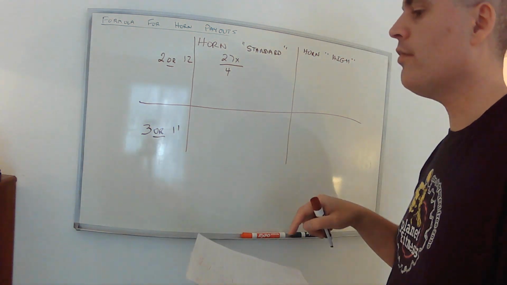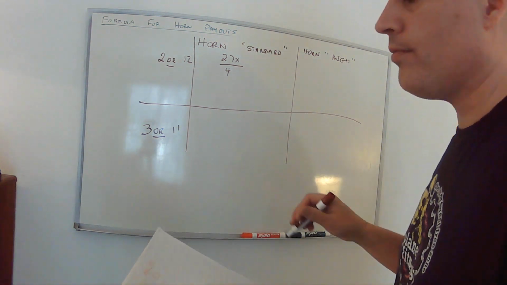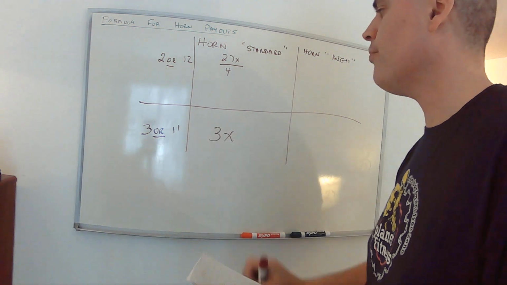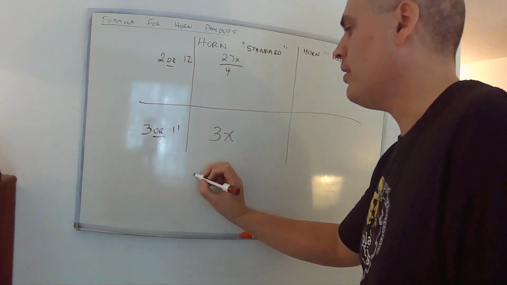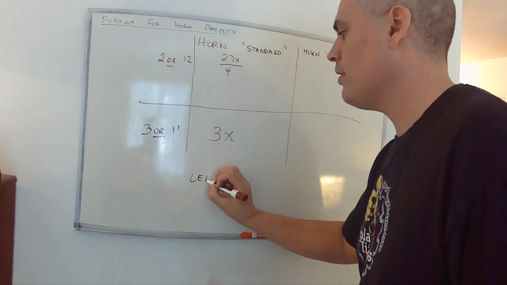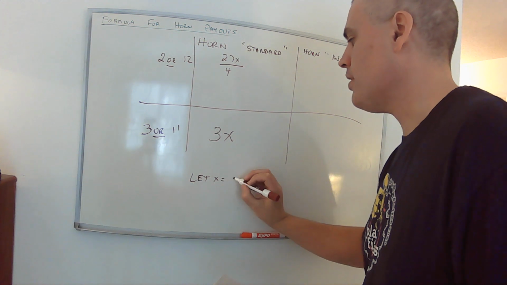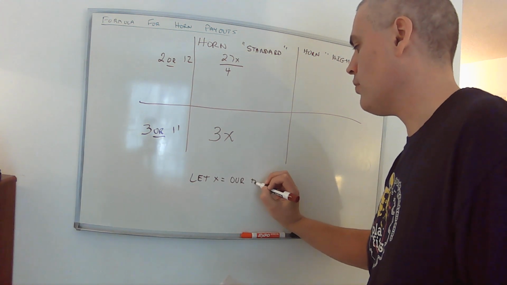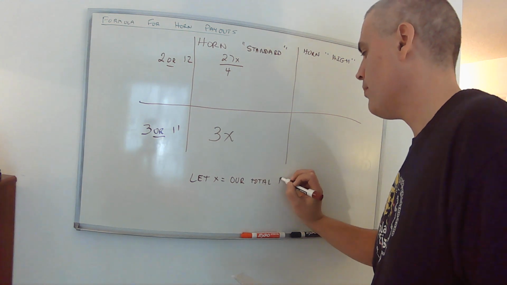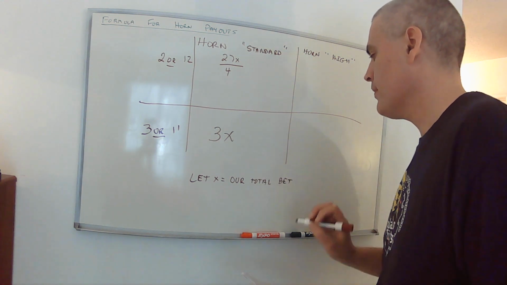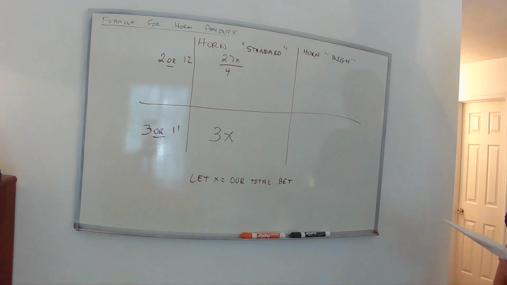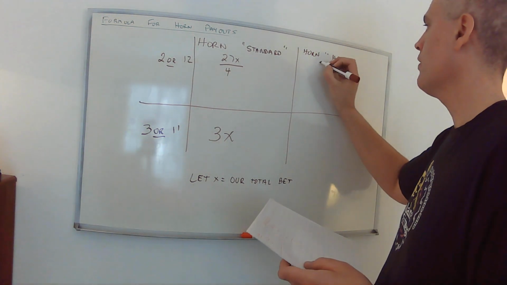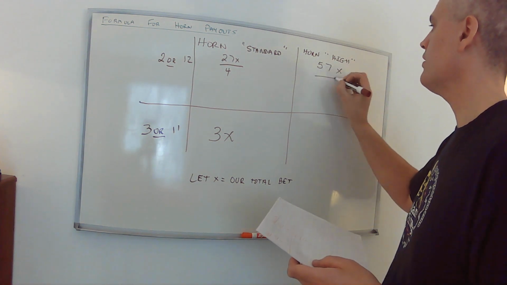The horn standard is 27x over 4. The horn standard 3 or 11 is simply 3 times your bet. And I should also say here that x is equal to our total bet. Horn high, 57x over 4.